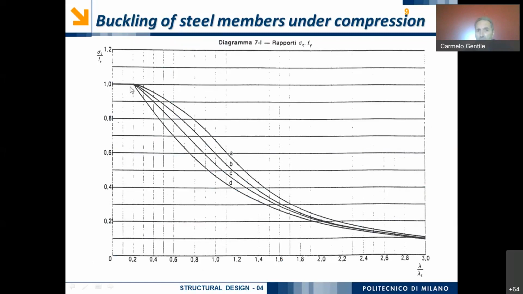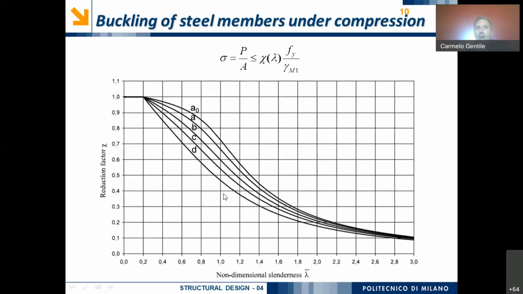Now, here we have not the value of the critical stress, but the value of the critical stress over the yielding stress. And on the x-axis, we have not the slenderness, but the slenderness over the slenderness of proportionality, okay? And so we can see that we have different types of stability curve.